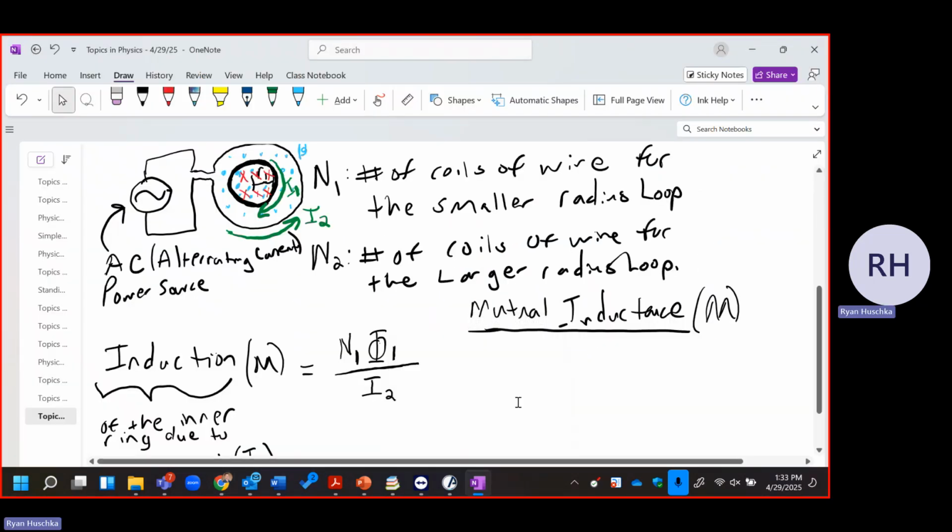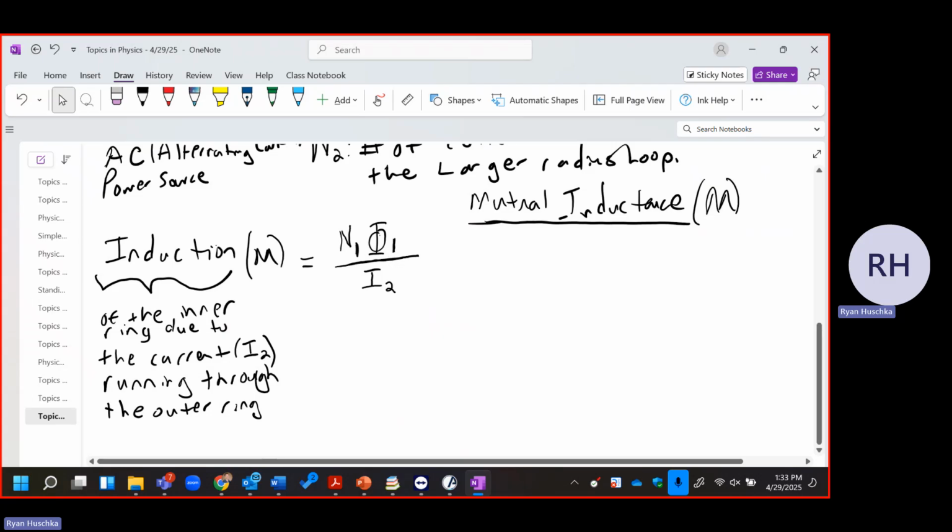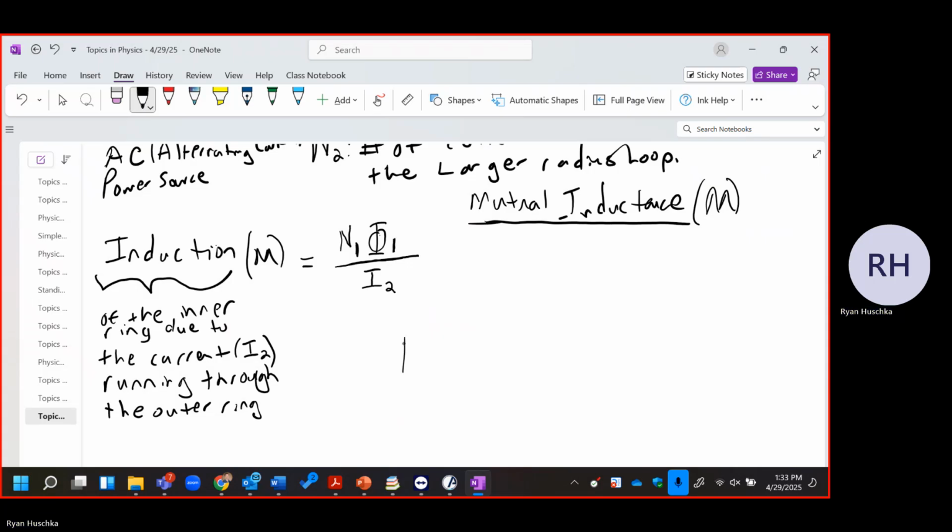So lastly, before we do a quick example problem, if you think about that magnetic flux, or actually the N times the magnetic flux, where have we seen that before? EMF.